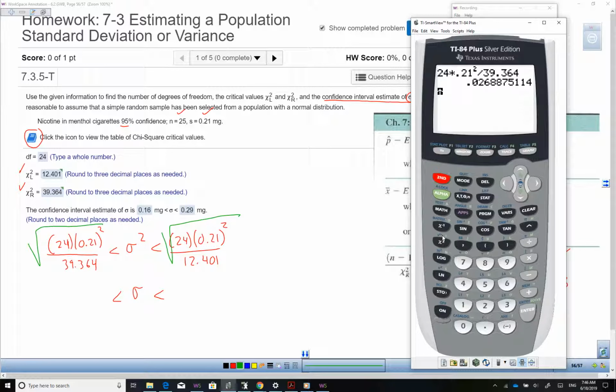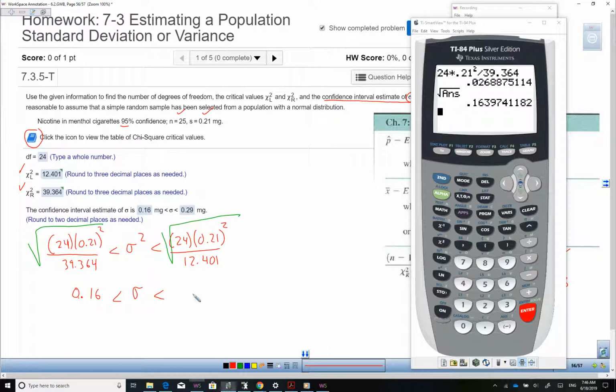So I press second, x squared, and second answer. That will take the square root of this value, and that will be 0.16. We round to 2 decimal places, so that is 0.16. That's my lower bound.